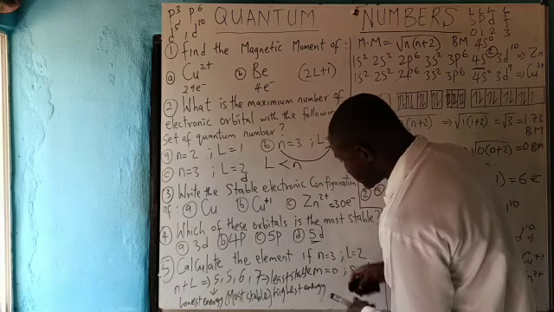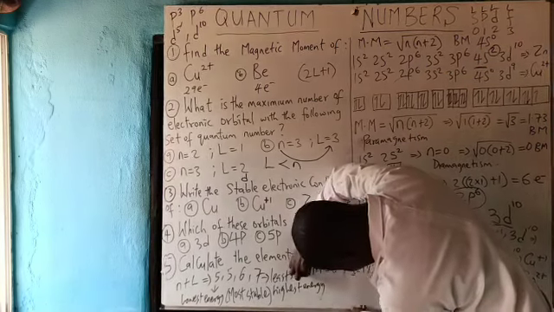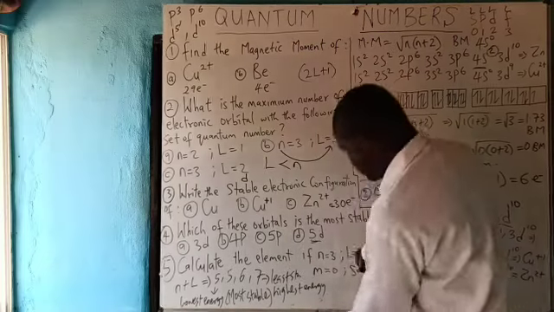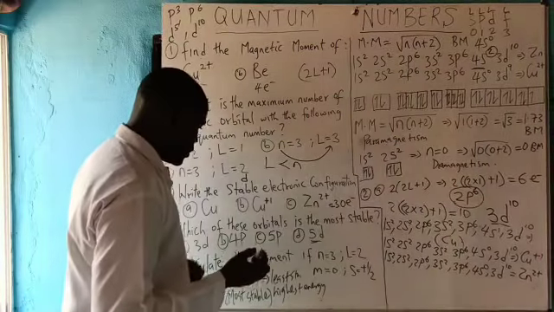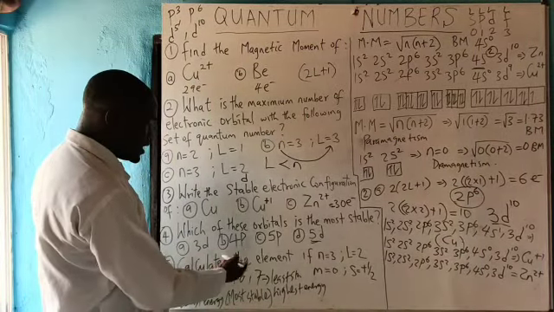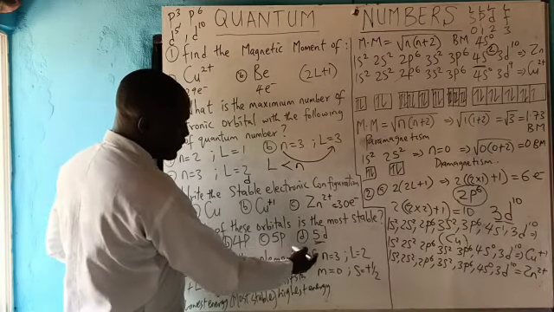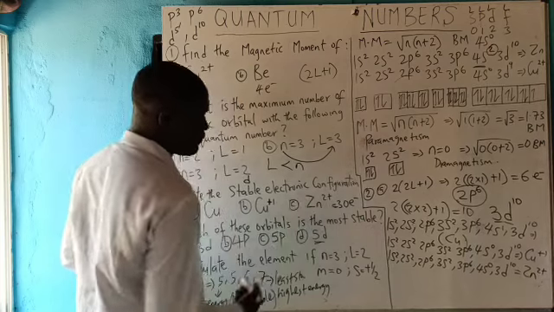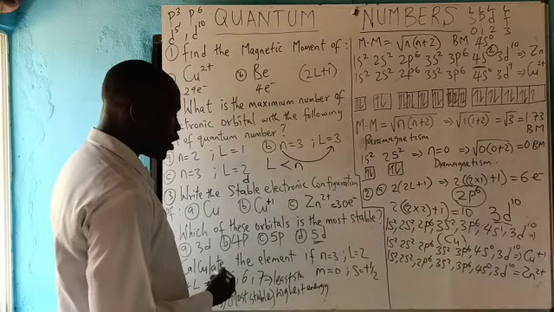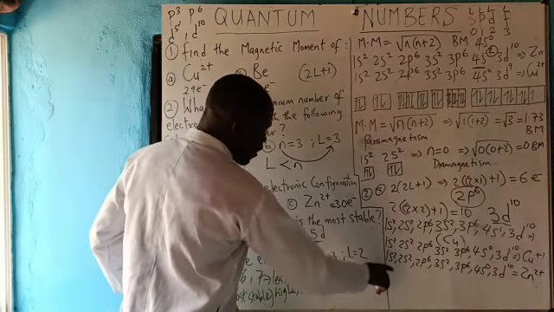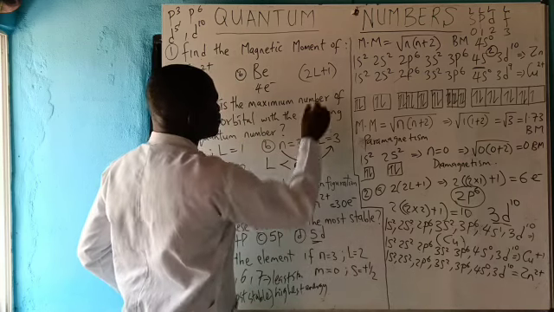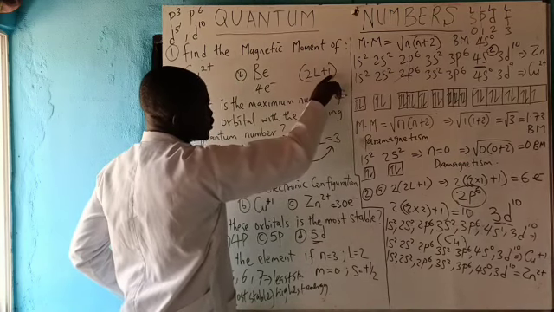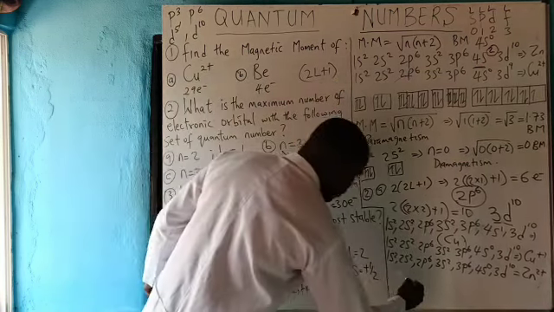Okay, we go to the last question. The last question says, calculate the element if N is 3, L is 2, M is 0, S is plus half. Now see what you do. Check the number of orbitals when L is 2: 2 times 2 is 4, plus 1 is 5.